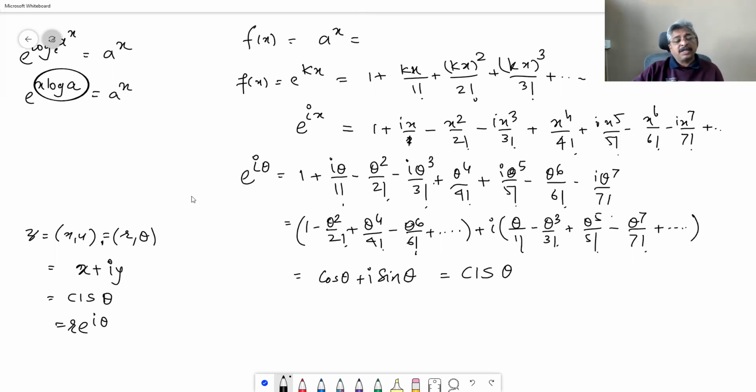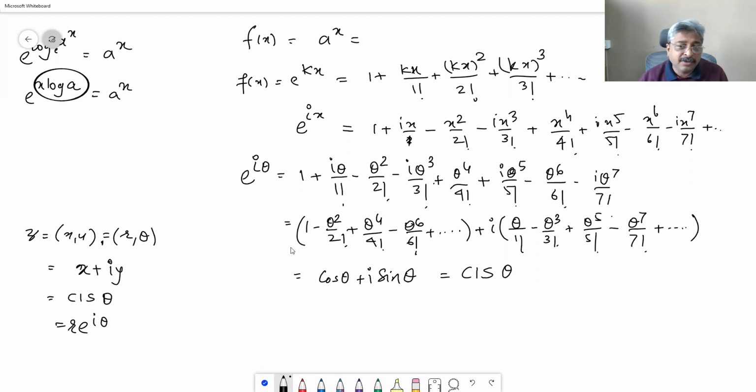Why is a complex number denoted by r e raised to i theta? Maybe one way of looking at it, I am not saying that this is proof, is the series expansion. I am not considering this a proof because I am studying real analysis, and the series expansion theory which I am trying to develop is true for real numbers.